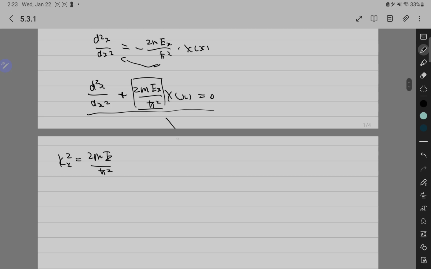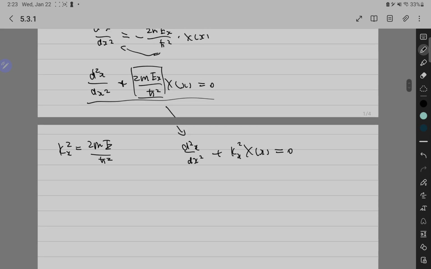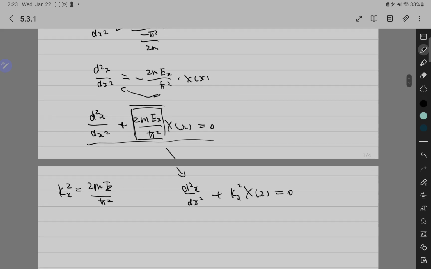So this will just turn into the following: d squared X dx squared plus kx squared X is equal to 0. So that's what we have done. We have taken this 2m Ex over h squared and made that equal to kx squared.